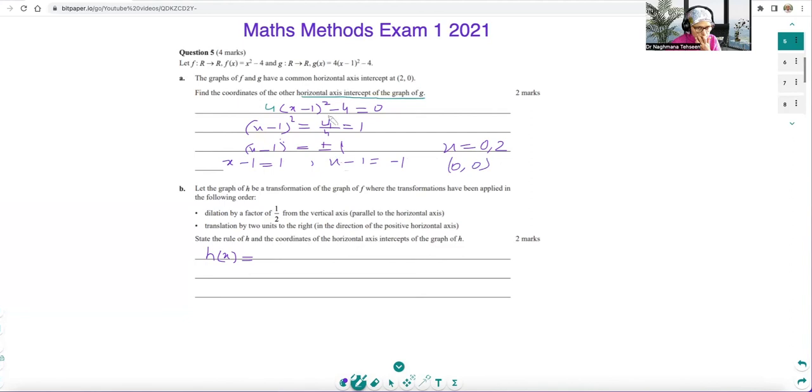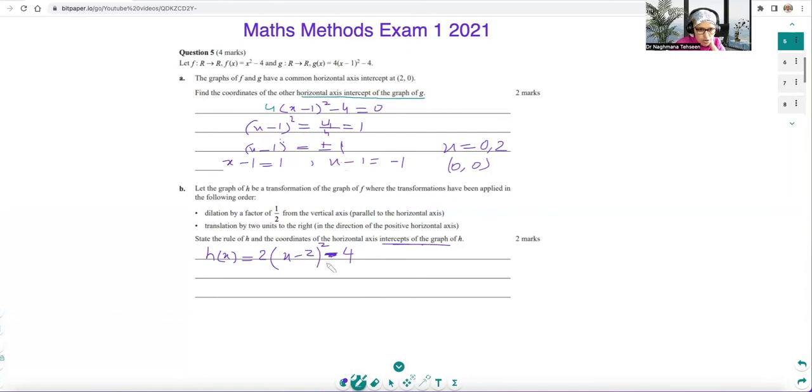So that means the rule becomes 4 times 2 times x minus 2 squared minus 4. So that would be our rule, which you could leave like that, or you could simplify it. It's completely up to you. And then we need to find the horizontal x-axis intercepts.